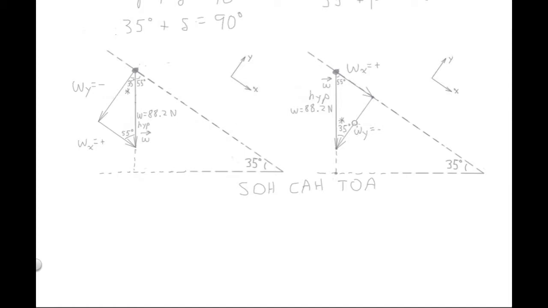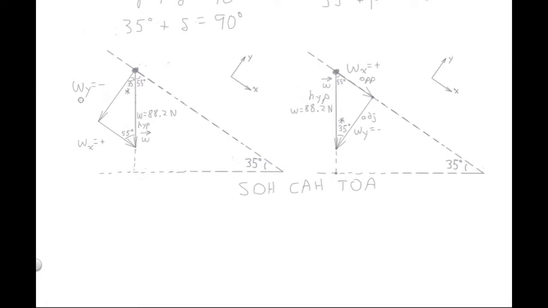So this side should get labeled as adjacent because it's adjacent to the 35-degree angle that we chose to focus on. And this side should get labeled as opposite because it's opposite to the 35-degree angle that we chose to focus on. That's why it's helpful to put in the asterisk.